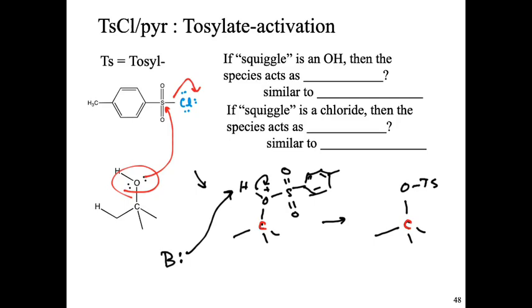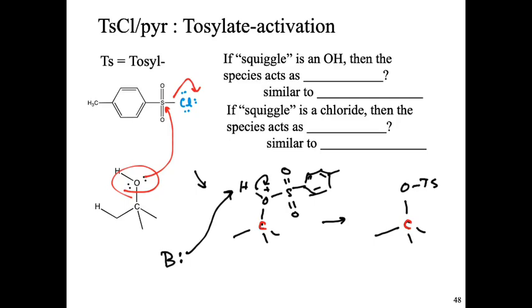Nothing. Why? Because you weren't making the substitution at that carbon. Where did all the chemistry occur? At the sulfur and at the oxygen. It had nothing to do with the carbon. So there is no change in stereochemistry. It doesn't make sense to refer to this by the retention or inversion terms, because there's no chemistry happening there. Does that make sense?